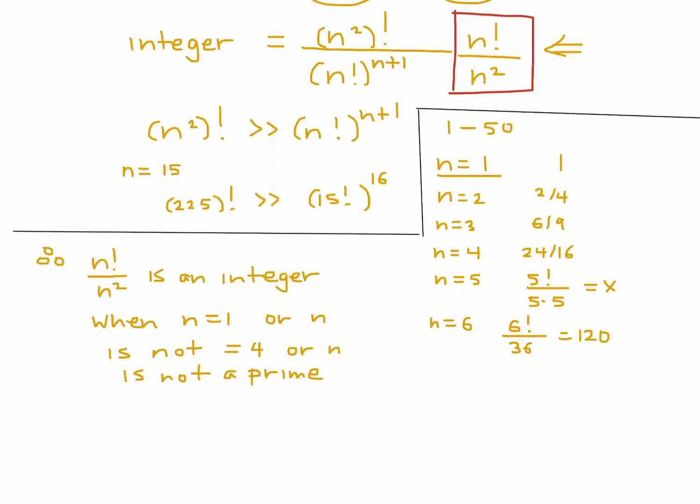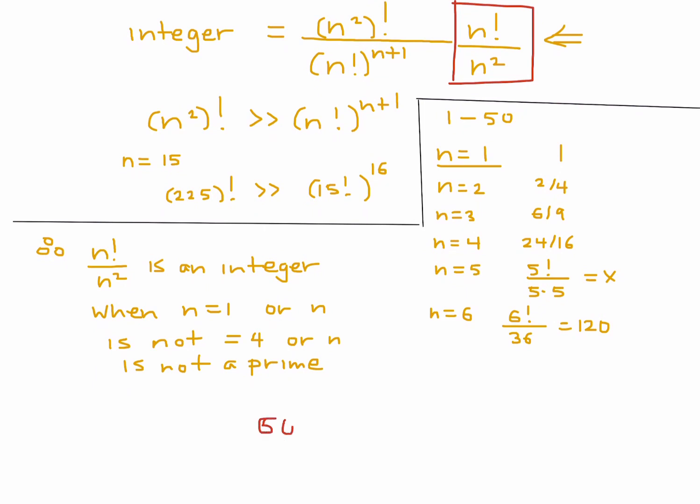So that's pretty much how we're going to do this. So of the 50 numbers between 1 and 50, we get rid of that 4, so that's just one number. And then everything else that we get rid of is a prime number. And between 1 and 50, if you count them, there are 15 prime numbers.